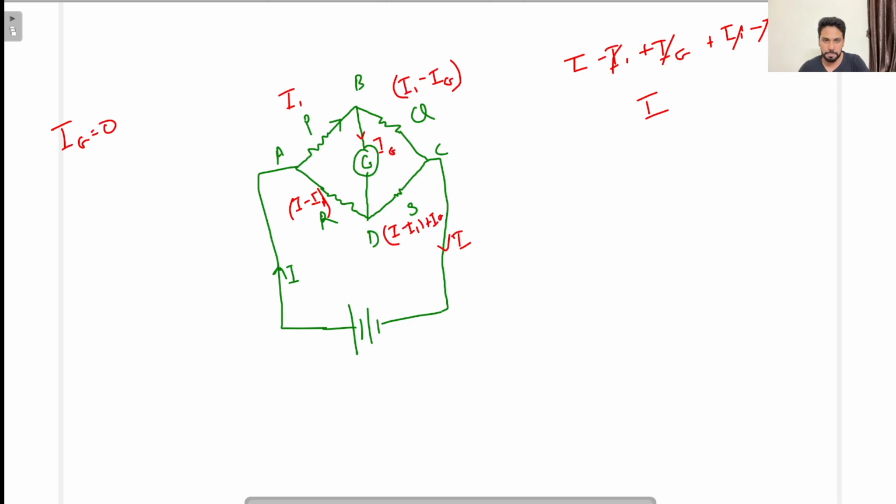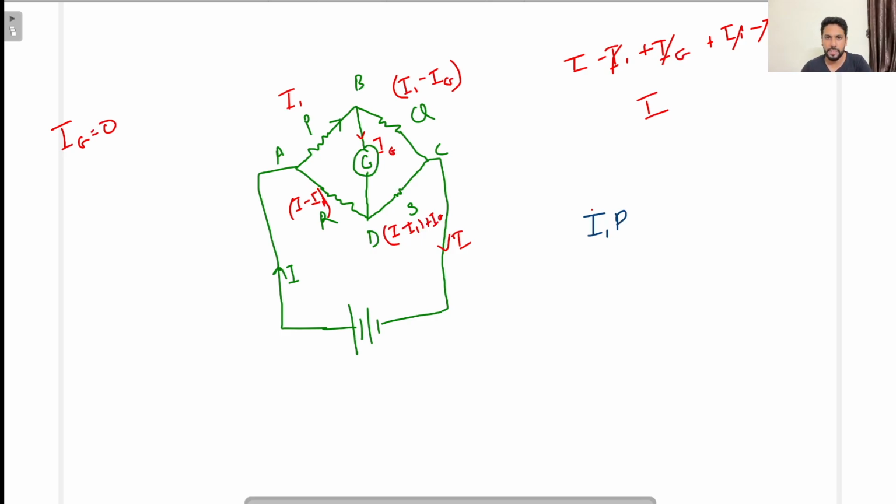Let's start from A. So first one is going to be I1 into P. When we are going in the same direction as the current, I can write I into R as positive. Then we are going in the direction of Ig.